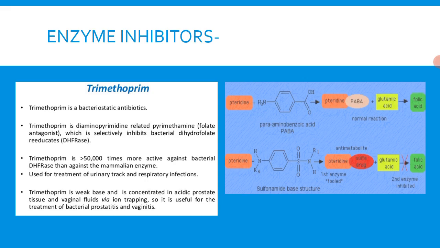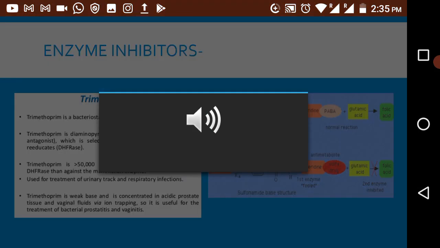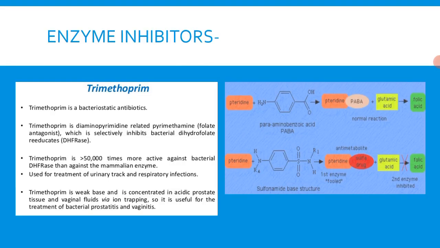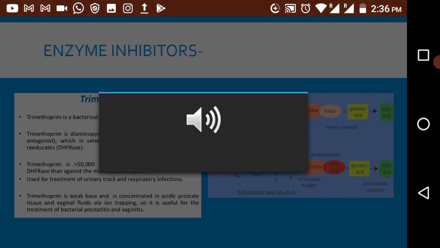Now this enzyme is responsible for producing the folic acid, with the help of the pteridine and the PABA. It will produce the folic acid along with the glutamic acid.